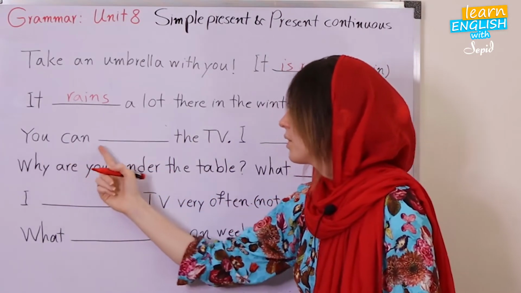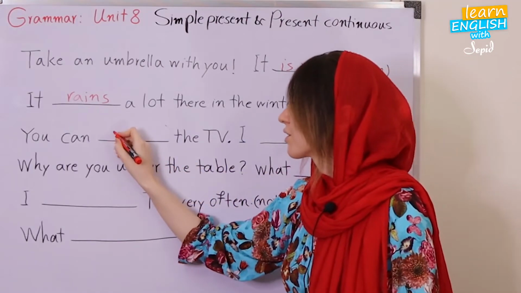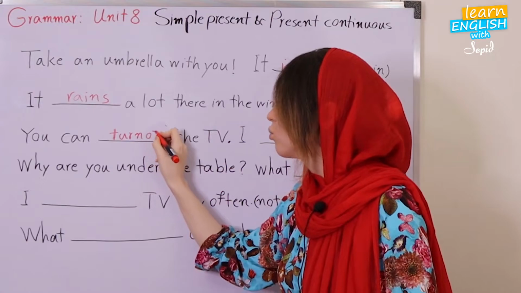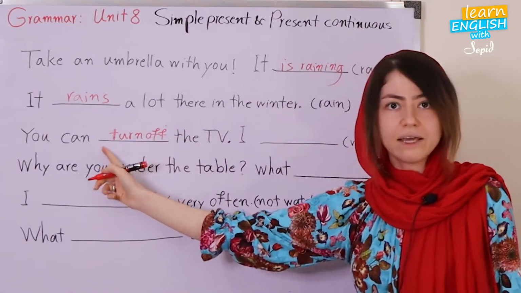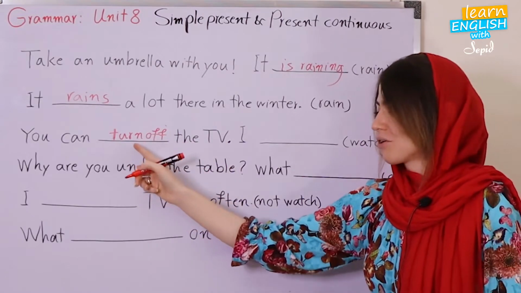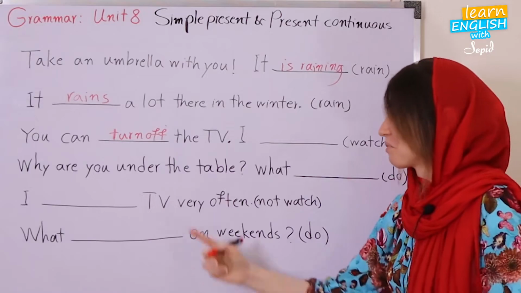So, the TV, okay? So here we can say turn off. Turn off. I don't know why I just put a blank here, okay? So I had to write it before, but sorry, okay? Try to ignore that problem.